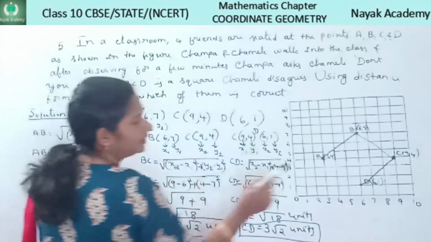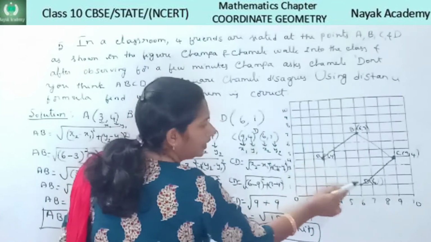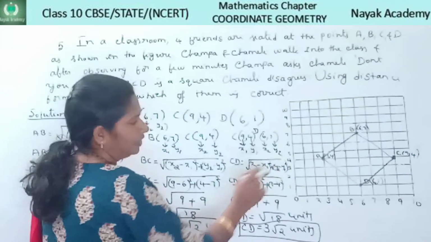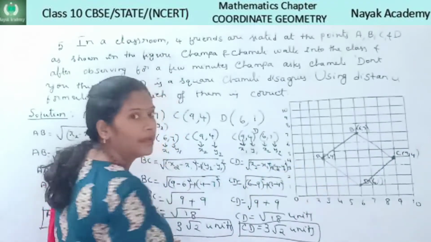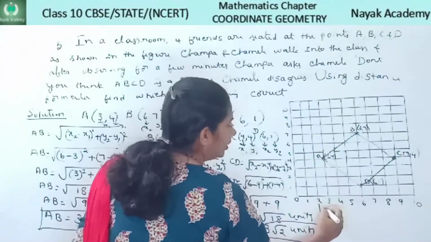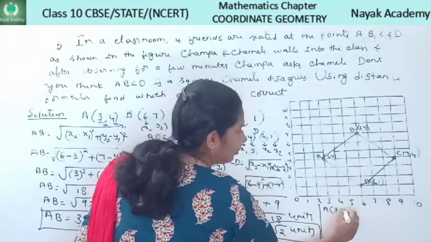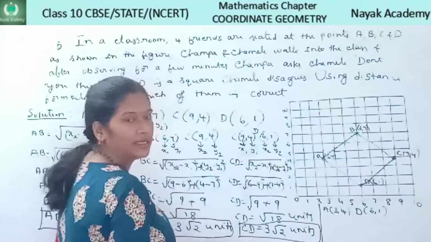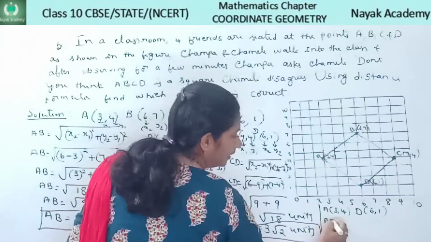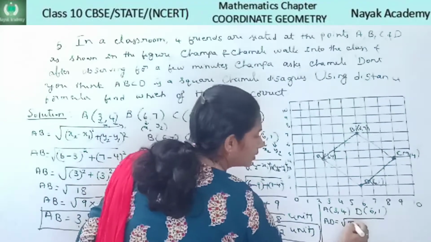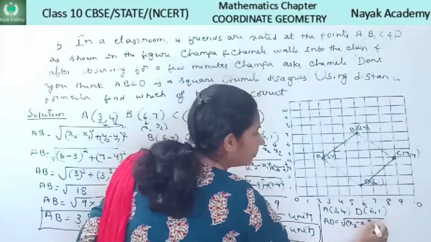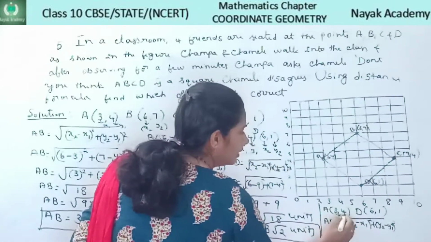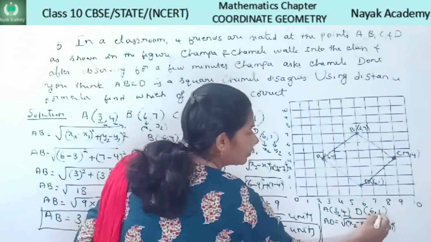Now we have to find the distance between the points A and D. Again use distance formula and we have to find the distance between 2 points A and D. A coordinates are 3, 4 and D coordinates are 6, 1. Let us apply the distance formula. AD equal to square root of x2 minus x1 whole square plus y2 minus y1 whole square. Take this as 3 as x1, 4 as y1, 6 as x2, 1 as y2.